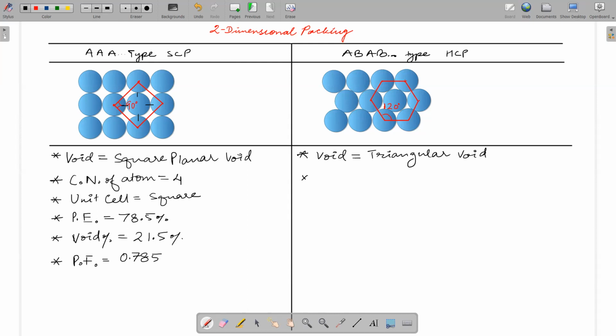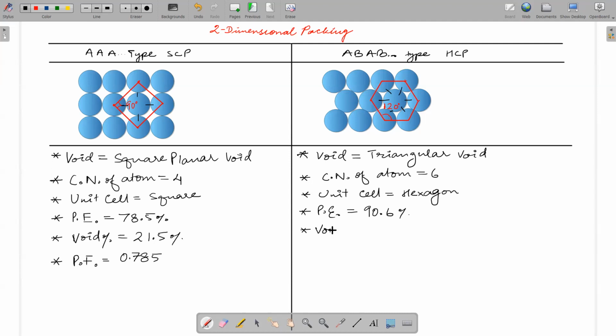Okay, what else do we know? Coordination number of atom is 6. Correct. It's equal to 1, 2, 3, 4, 5, and 6. What is the unit cell? Hexagon. Packing efficiency is 90.69%.